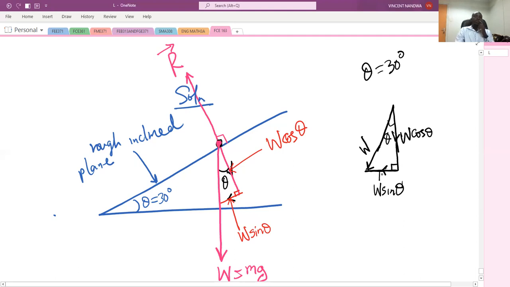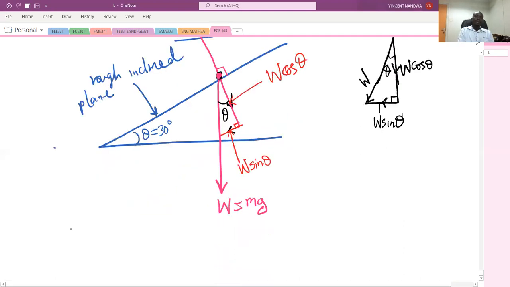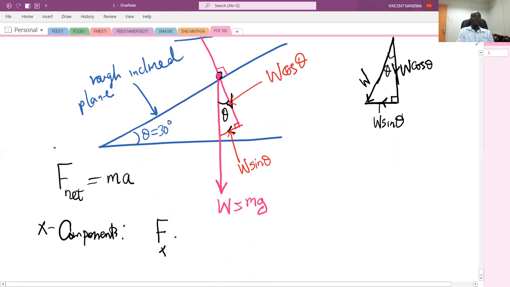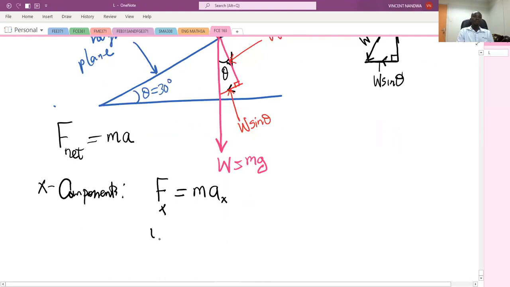So resolving horizontal forces, X components. Remember, net force is given by mass times acceleration. So horizontal will be Fx equals to m ax, and this is the only horizontal force, so W sine of 30 degrees is equal to m times ax.